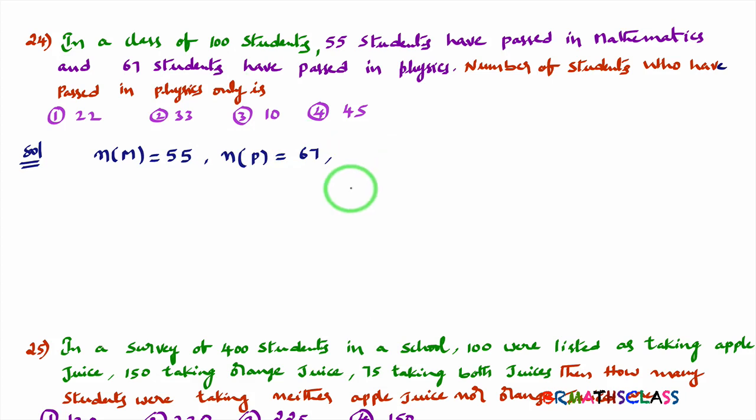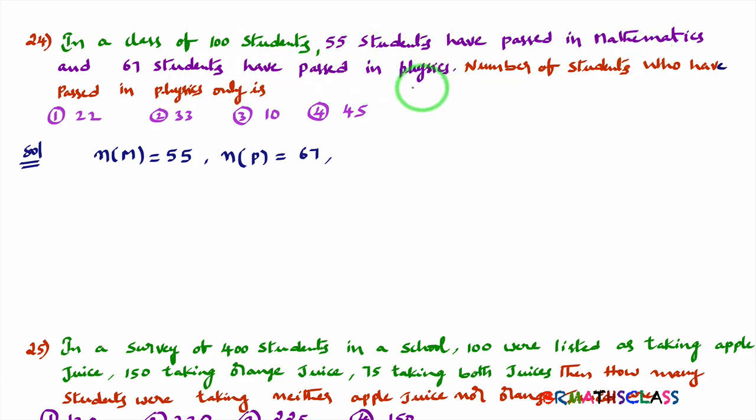This particular point you need to understand. This information is not given directly. If you understand this point, it is very easy. In a class of 100 students, 55 students have passed mathematics, 67 students have passed physics.